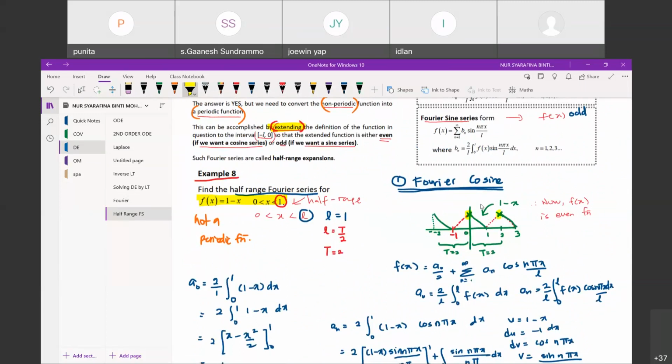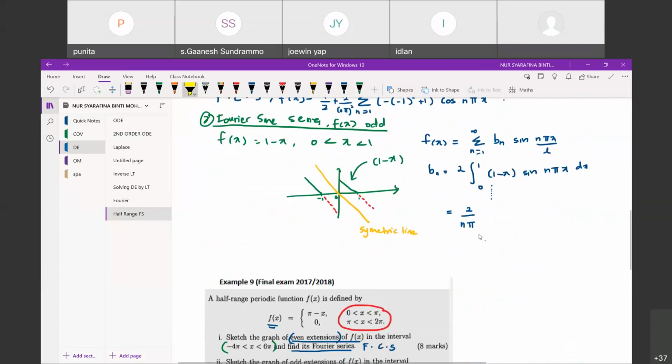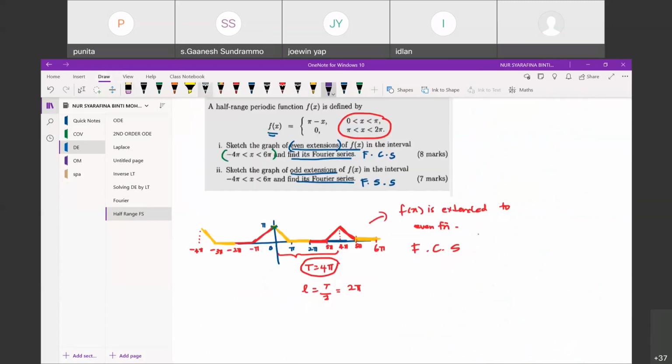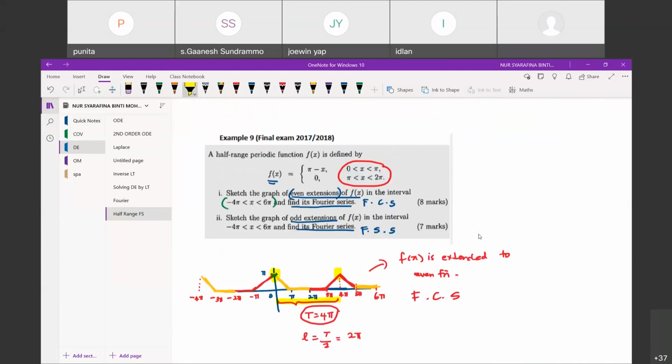So this is your T. This is 1, this is 2. And then this one, from the original to here, from the original point to the extended point. So this is your T. Is that clear? So this is your T, then you can find your L. All right?